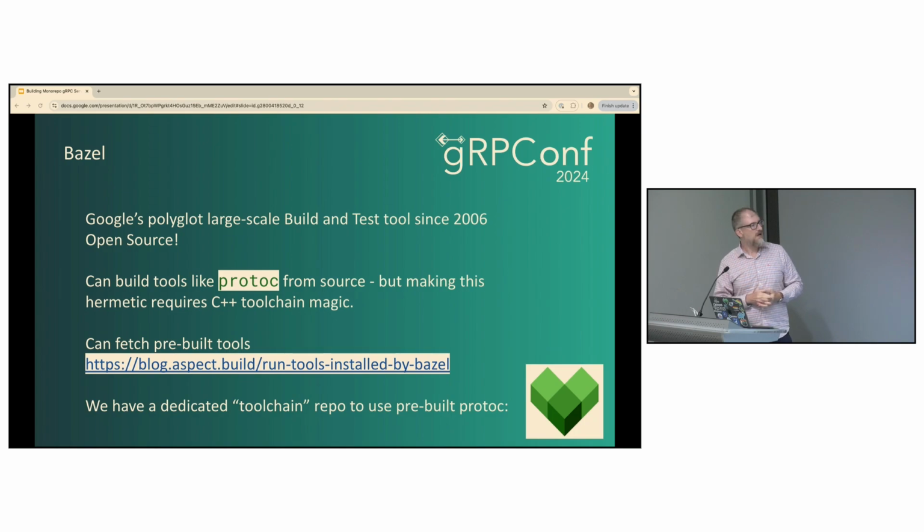So that's Bazel. How is Bazel involved in this first problem I'm talking about? Well, the first thing you might do if you try to use Bazel with protocol buffers is point to this repo called com Google protobuf, which contains a bunch of C++ code for the proto-C compiler, and your first step is to build that thing from source. That's not something users in other build systems are expecting to do.